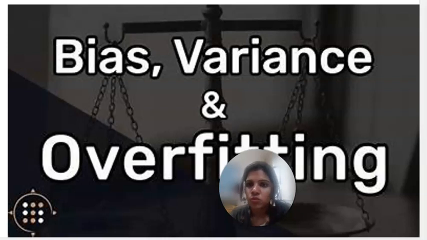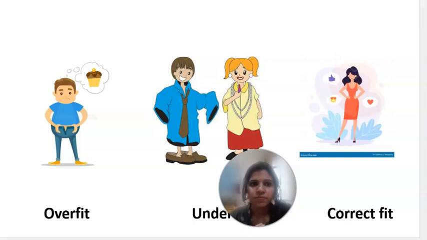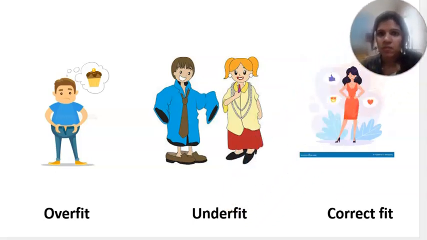Next we are going to talk about this figure. From this figure, what did you understand? In the first figure, that jeans is a little tight, right? It doesn't look good. Similarly, in the next fit, is that good?